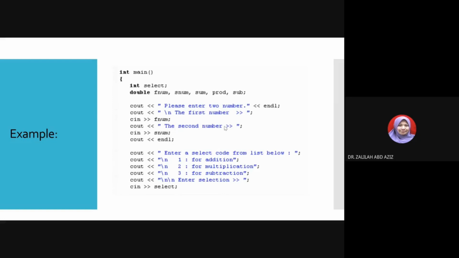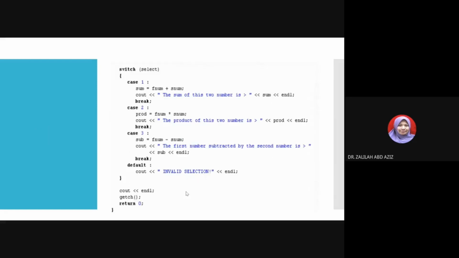And then the second number. When we key in the number, it will be stored in second num. And then enter a select code from the list below. 1 is for addition, 2 is for multiplication, 3 for subtraction, and then enter your selection. For example, you key in 1. So select will store value 1.